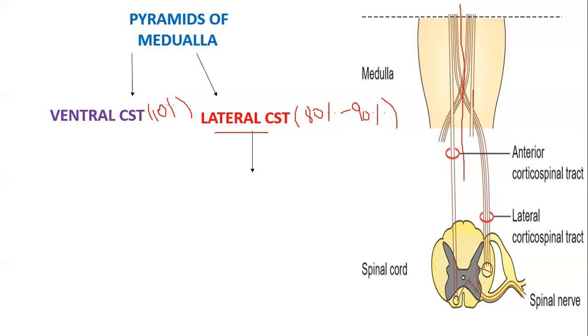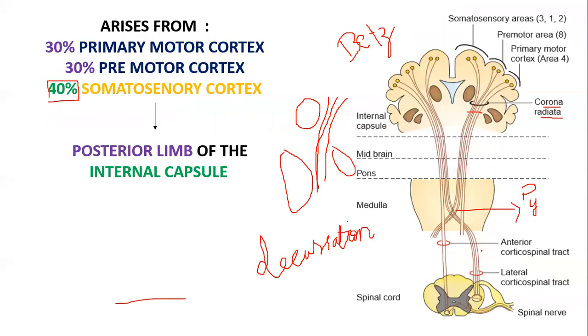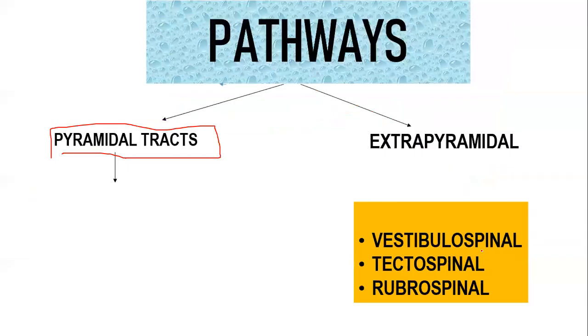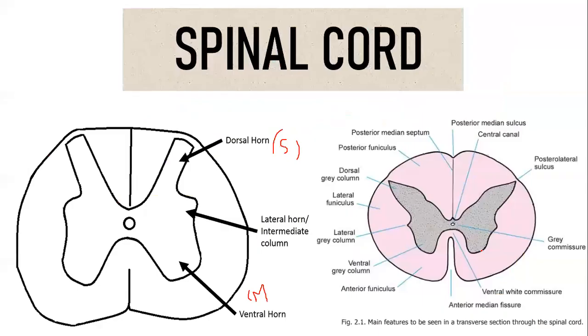If you remember, I showed you a picture of the spinal cord in the previous slides. I told you about something called funiculus, which is nothing but a collection of white matter.